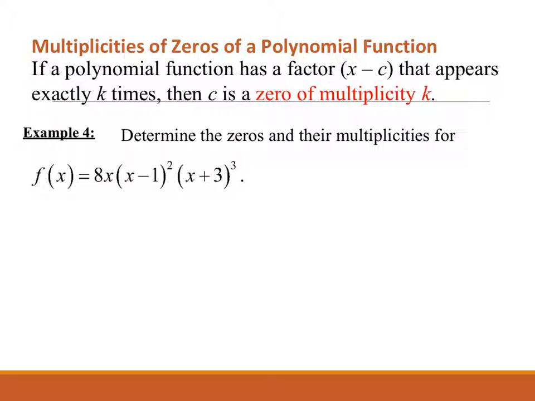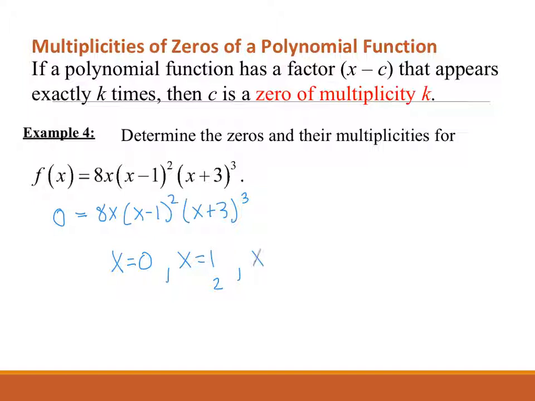So in this case I set 0 equal to 8x times (x minus 1) squared times (x plus 3) cubed. So x is equal to 0 with multiplicity 1. x is equal to 1 with multiplicity 2.